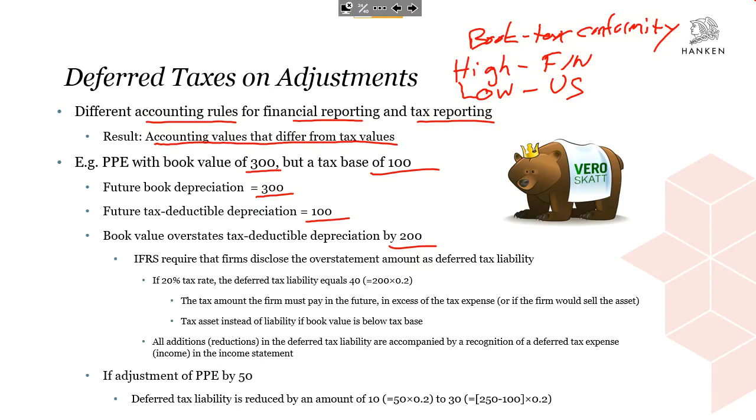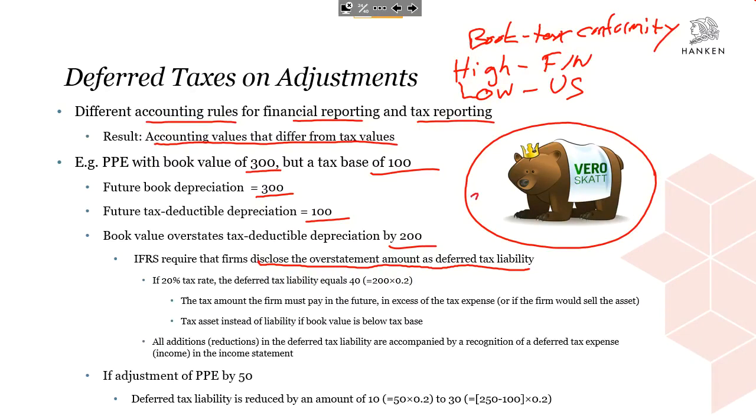If we look at what the accounting standards say, you need to disclose this overstatement as a deferred tax liability. In Finland, we have a 20% tax rate. This big brown tax bear says that if you're a profitable firm, 20% of your earnings goes into my mouth.